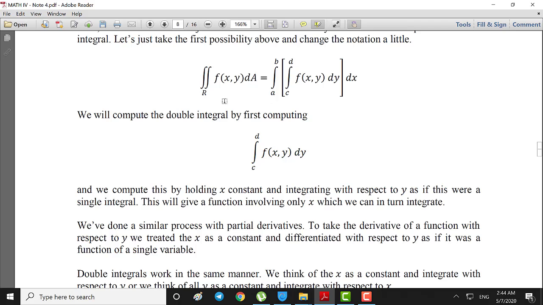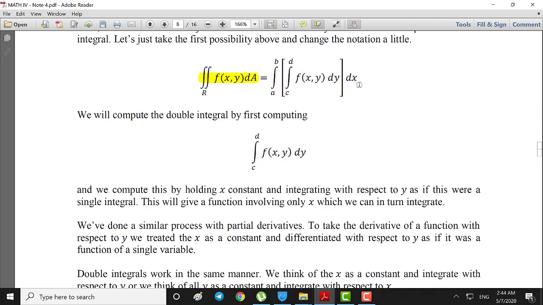Then let me tell you that this double integral is actually equal to the integration from a to b of the integration from c to d of f of x and y dy, right? This is super duper important.